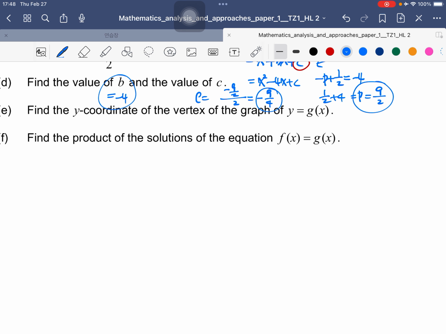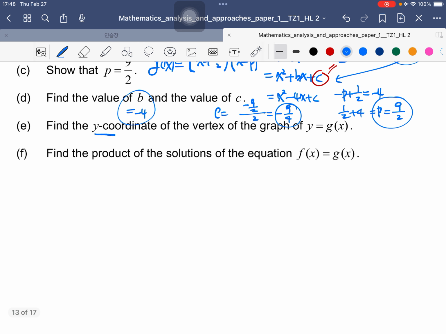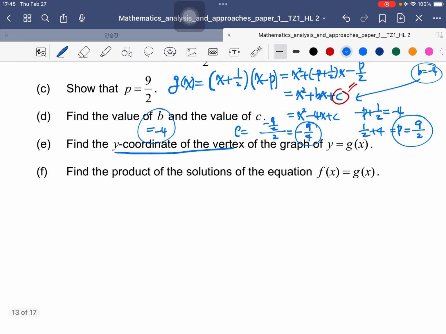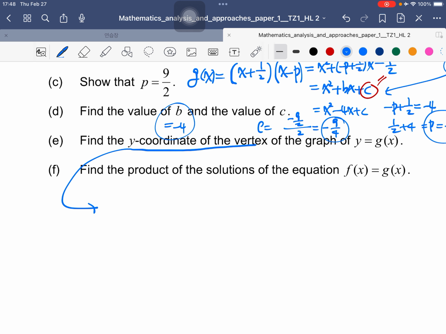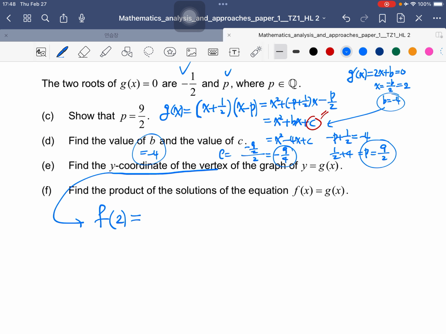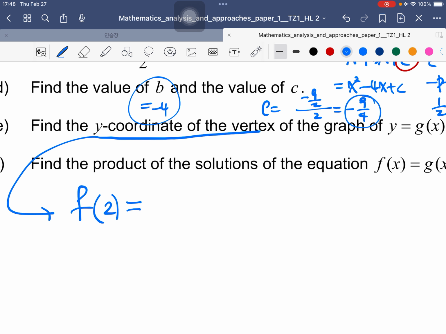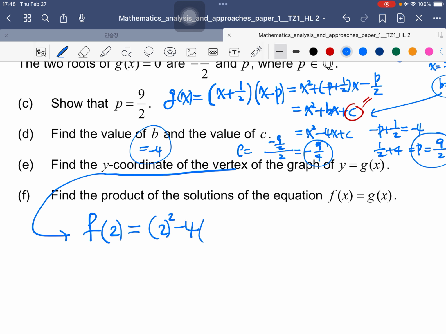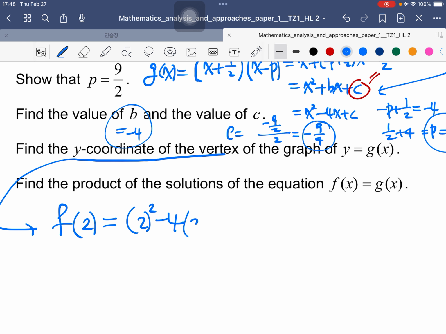Find the y coordinate of the vertex of the graph. So the y coordinate of the vertex happens when x equals 2. Find g of 2, which is the y coordinate. So g of 2 is 2 squared plus b, b was negative 4, times 2 plus c.